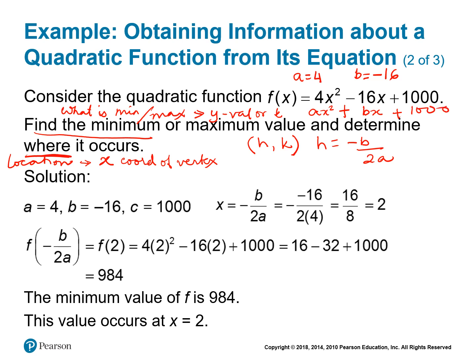So a we know is 4. C is going to be 1000. However, b, all right, the b is negative 16. Why so? Because the form has a plus. So we have to extract a plus to fit the function into the form.